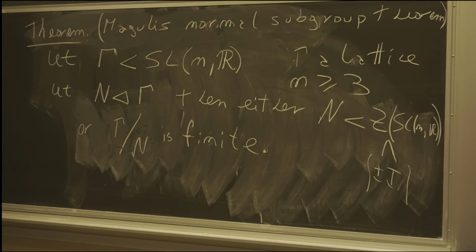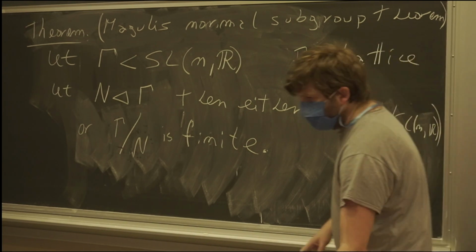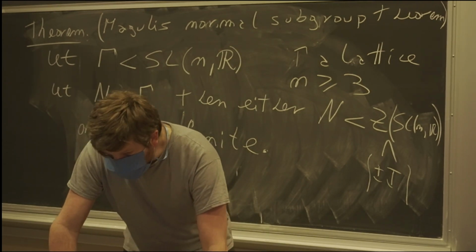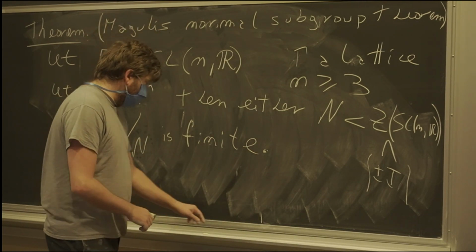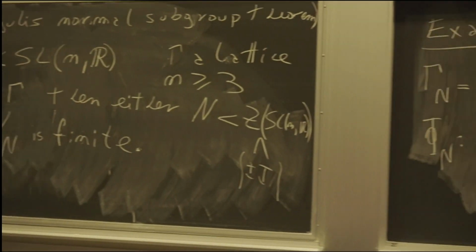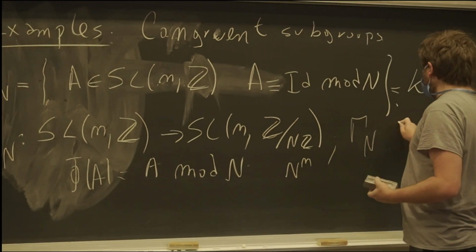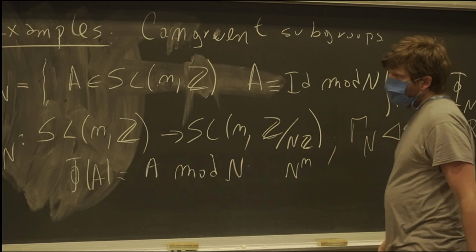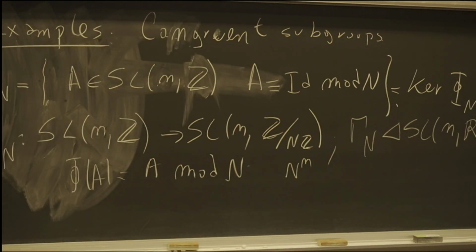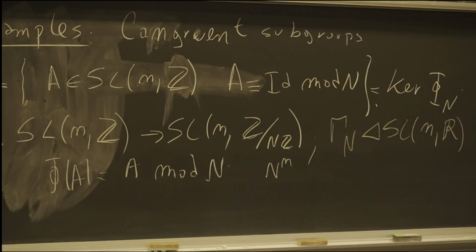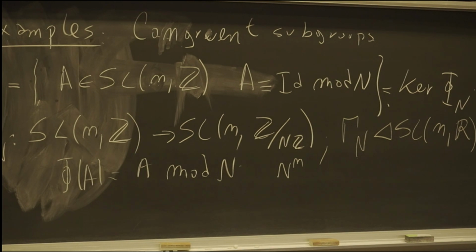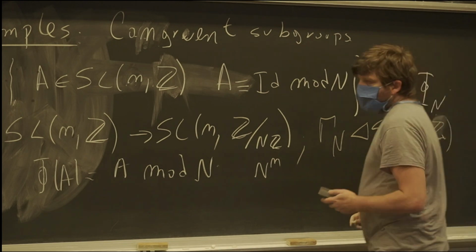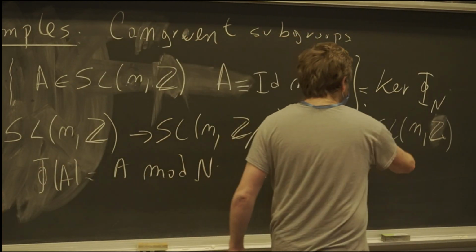So I just have a question. So what is this example of exactly? This example is a normal subgroup. So gamma_n is a normal subgroup of SLnZ. So these are guys that satisfy the hypothesis. Here I'm using SLnZ as gamma.